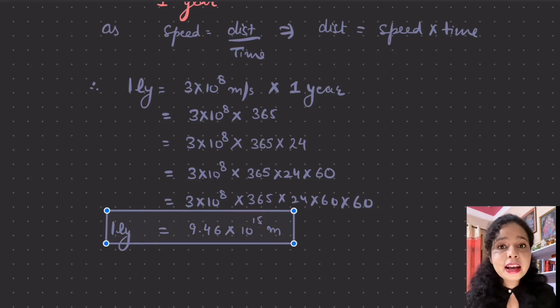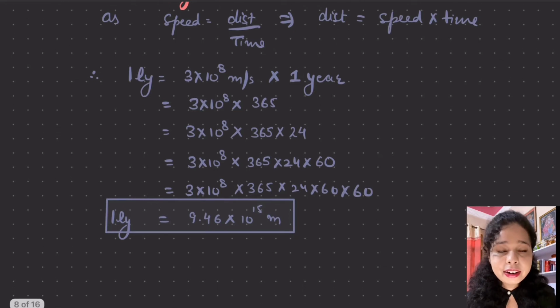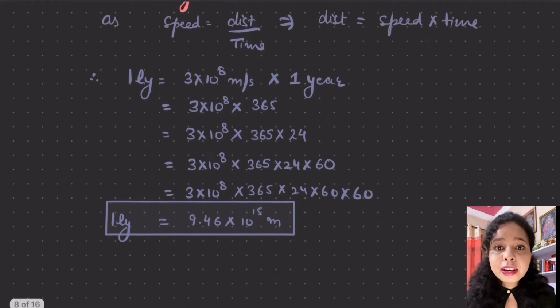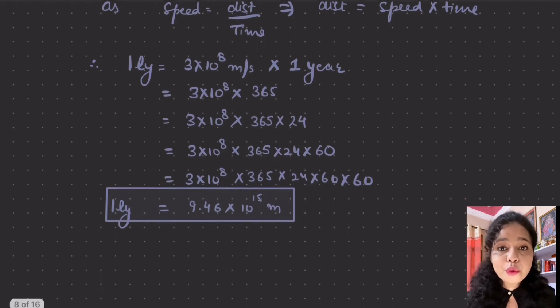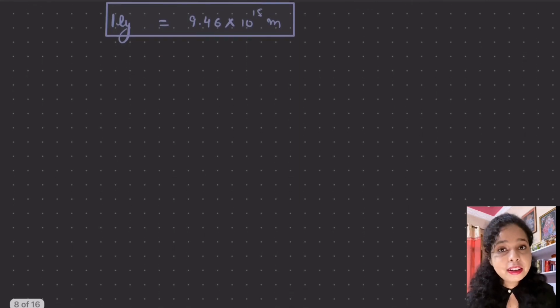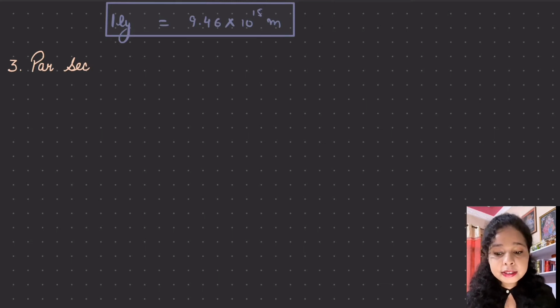This is the distance which light travels in vacuum with the speed of 3 into 10 raised to power 8 meter per second for one complete year. So this is a very big unit of length. Such units are used when we have to deal with astronomical distances.